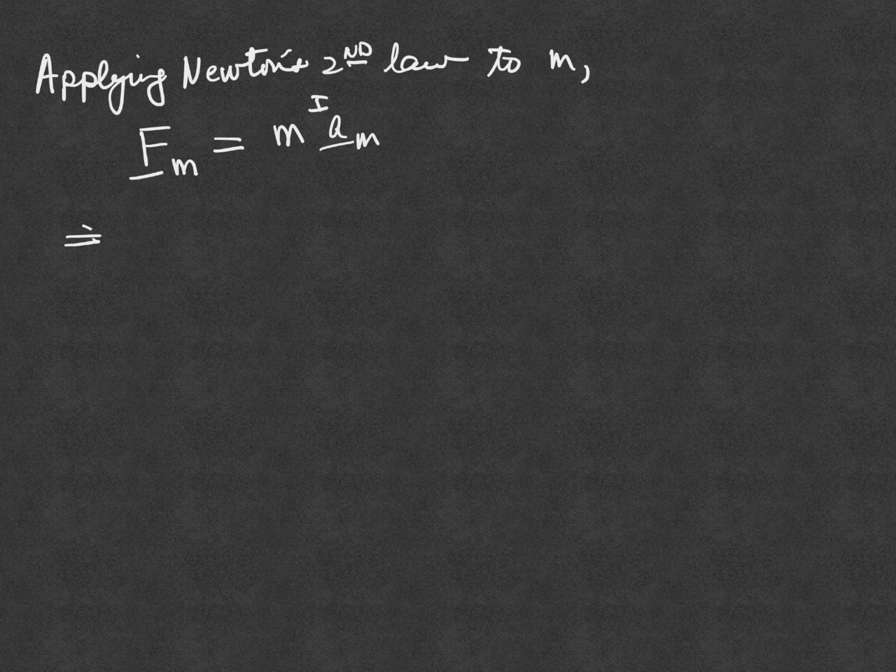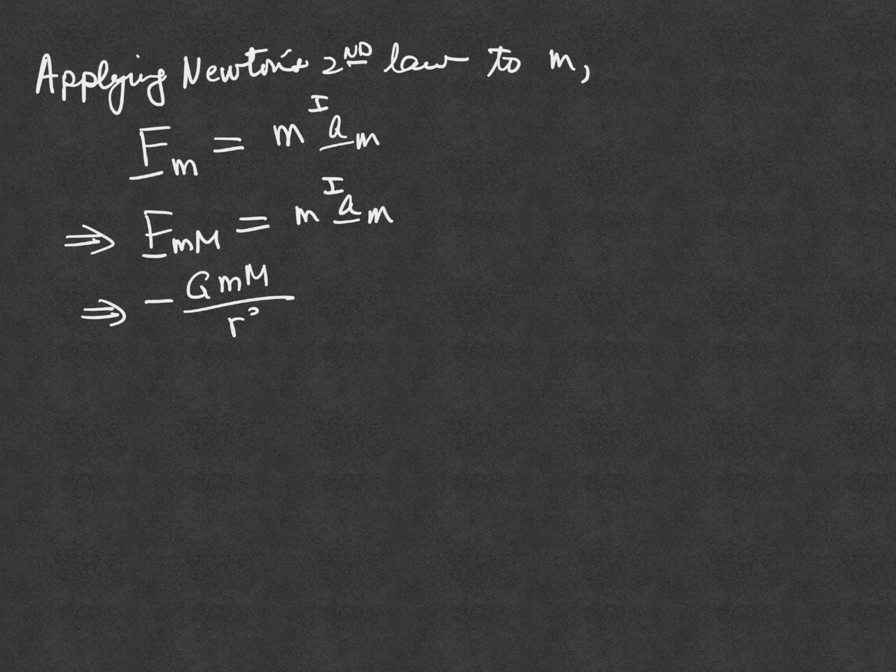So that implies that the force exerted by big M on little m has to equal the mass times the acceleration of little m, which implies that minus G times the product of the masses divided by r cubed times r has to equal m times the acceleration of little m in I.